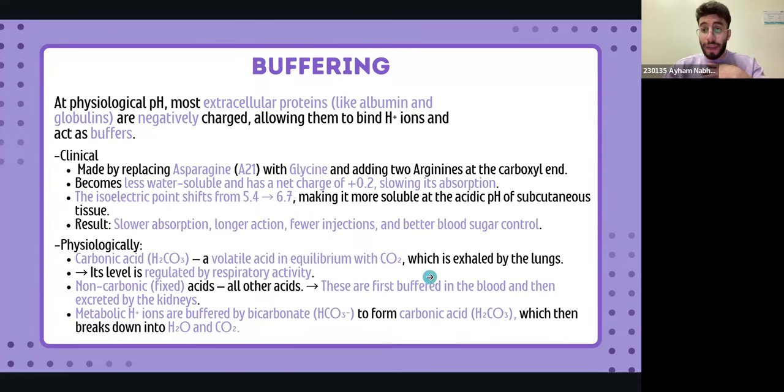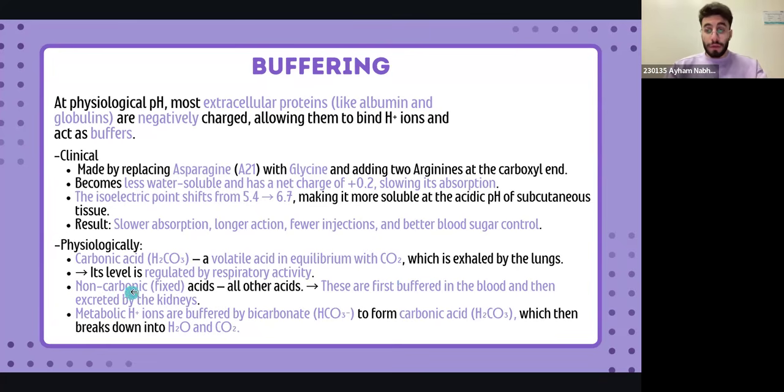Meaning, once we exhale and produce carbon dioxide, it reacts with the carbonic acid to neutralize the area of our lungs and the blood that supports the lungs. So the carbonic acid is regulated by respiratory activity.